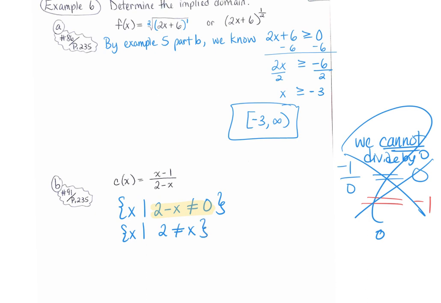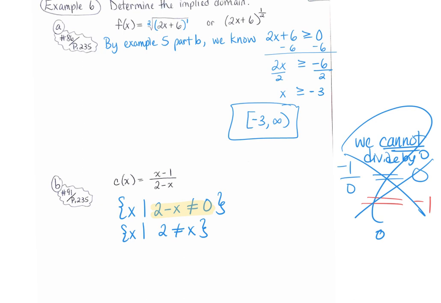So that means the set of all x such that x does not equal 2. We added x to both sides of this. Yes. So if it's the set of all x such that x cannot equal 2, then every other number is fair game.